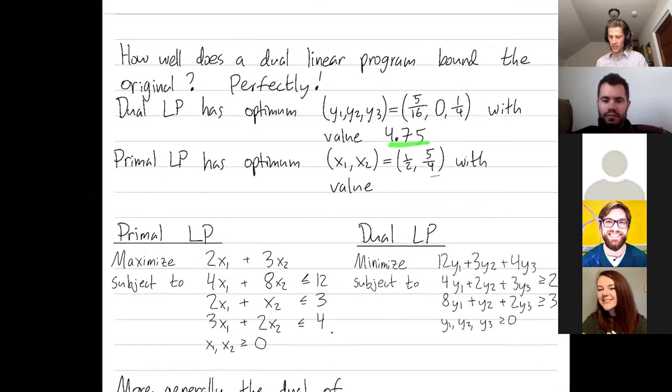And then the original linear program, just in terms of x1 and x2, has the same optimum. So it also has optimum value of 4.75. Okay. So linear programs are simple in part because the dual programs receive the same optimum.